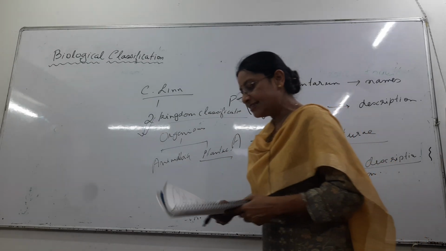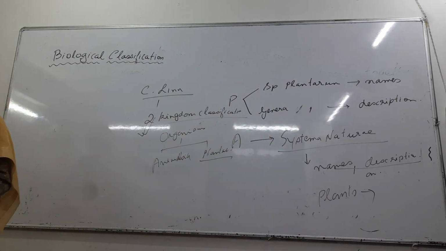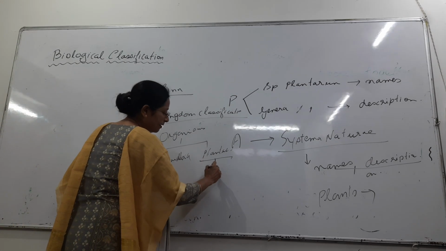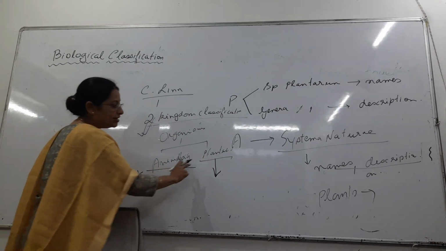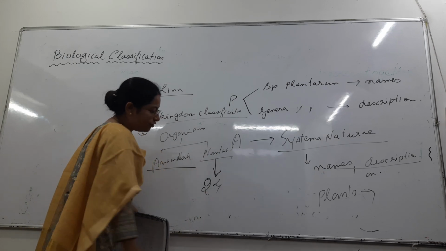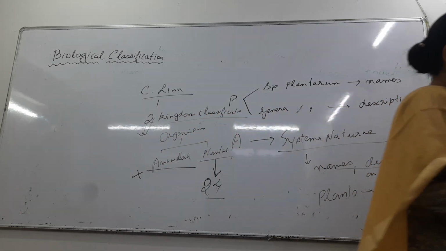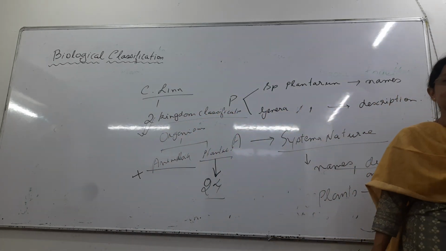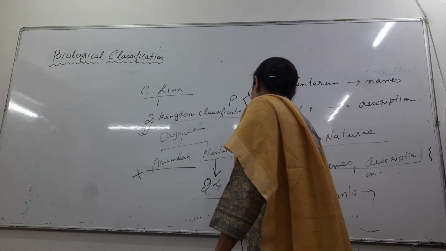Next, what has he written? He divided the two kingdoms into Plantae and Animalia. Further, what did he classify? Plantae. Did he say anything about animals? No. He has divided the plants under 24 groups on the basis of reproductive characters.